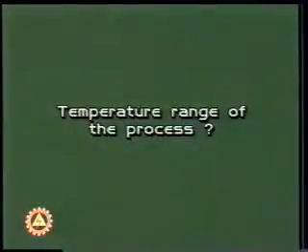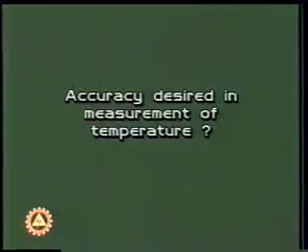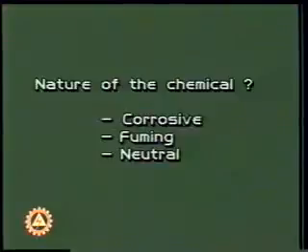Do you think that it is necessary to understand the user requirements first prior to going into the design? Of course, yes. Before we take up the system design, we should know in detail about the temperature range of the process, accuracy desired in measurement of the temperature, nature of the chemical, whether corrosive, fuming or neutral, and the time interval between two consecutive operations being performed in the industry ideally.